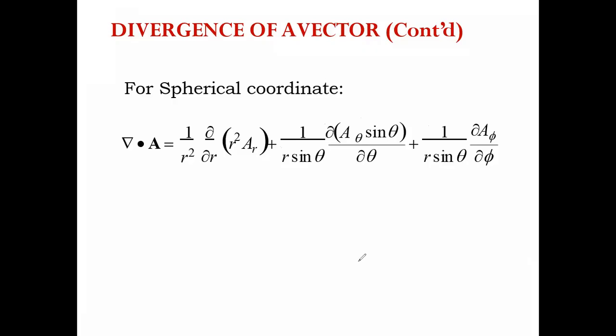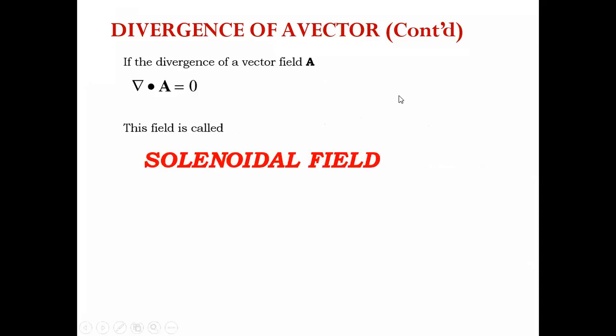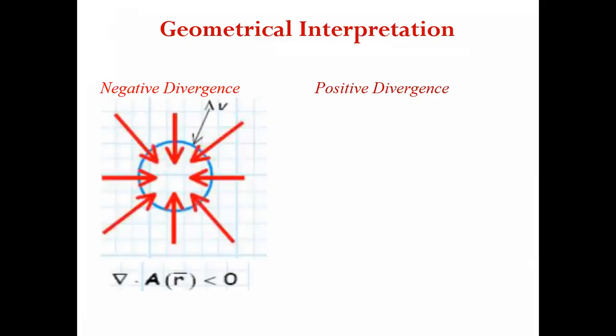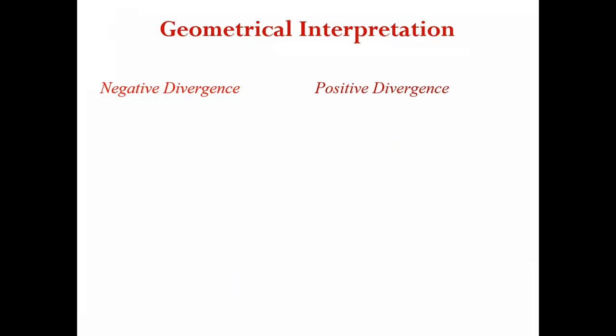Okay, sir. Then one more conceptual point. Let me go back. There is actually one slide here. One more conceptual point is that divergence can be either zero, positive, or negative. So understand this. What is the meaning of zero divergence?